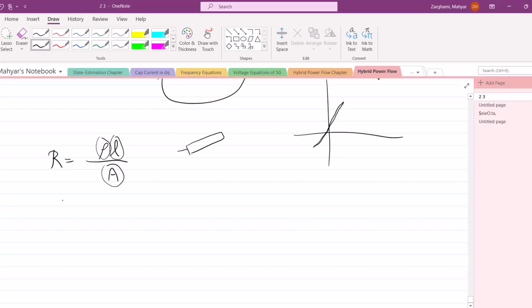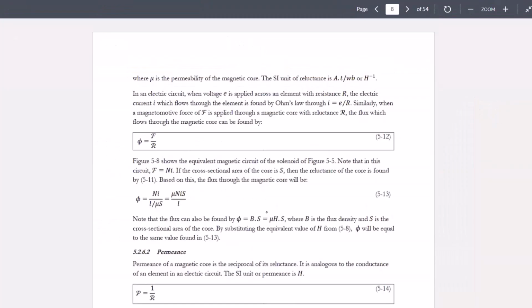So this was for the electric circuit, and for the reluctance it would be L over mu A. So rho and 1 over mu are kind of related to one another between the magnetic circuit and electric circuits. The SI unit of reluctance would be ampere turn over Weber or Henry inverse.